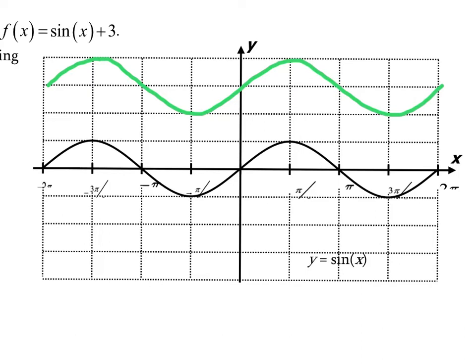Now, you can put this in your calculator, but in the table it doesn't always give you whole numbers, it gives you decimal forms, and it becomes kind of messy. So if you know what the sine curve looks like, and you know that you're doing sine plus 3, you just have to move everything up 3 units.